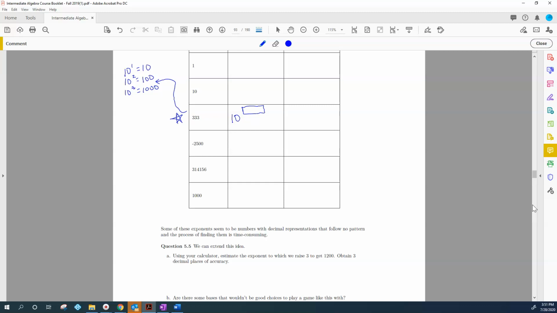So 333 is going to be, my exponent's going to be between 2 and 3. So I know I'm going to be 2 point something something something. So I want you to figure out what those 3 places are after that decimal point.